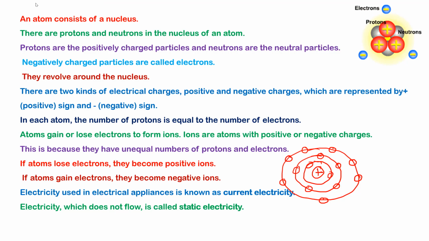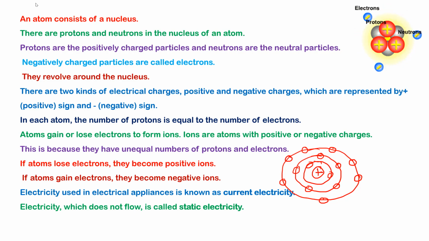Now till this part we know that in an atom there are positively charged particles known as protons, neutral particles known as neutrons, and negatively charged particles known as electrons. The electrons are able to rotate around the nucleus because of the electrostatic force of attraction between the negatively charged particle and the positively charged particle.